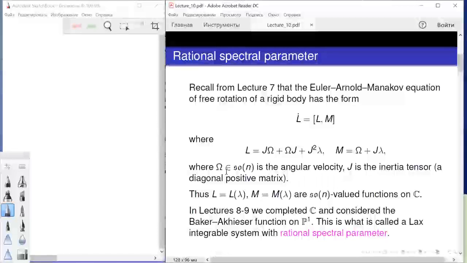Altogether, this equation is the equation of free rotation of a rigid body with one fixed point.